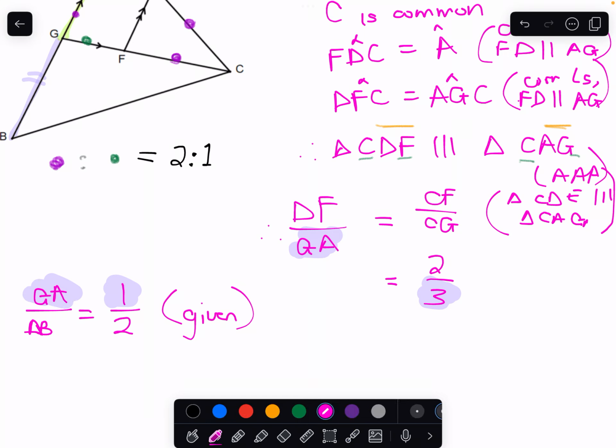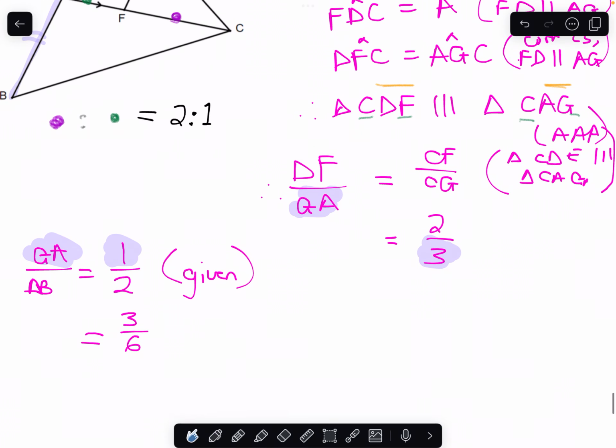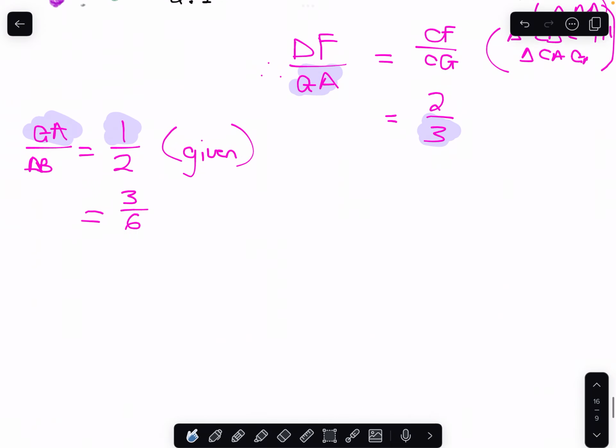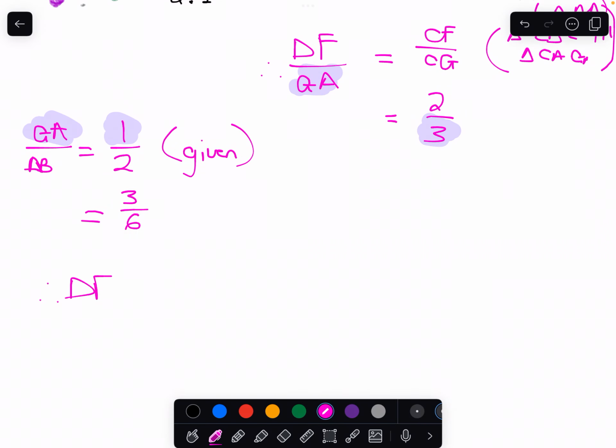We can rewrite this one as 3 over 6. Same ratio, same fraction. But now we are able to say the ratio between DF and GA is 2 to 3, and the ratio of GA to AB is 3 to 6. So the ratio of DF to AB is going to be 2 to 6, which is the same as 1 to 3.